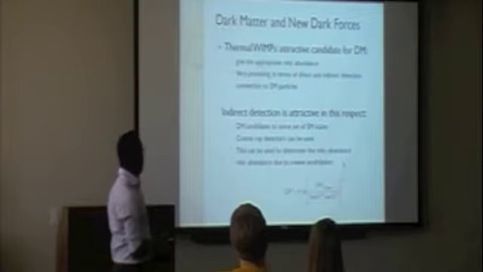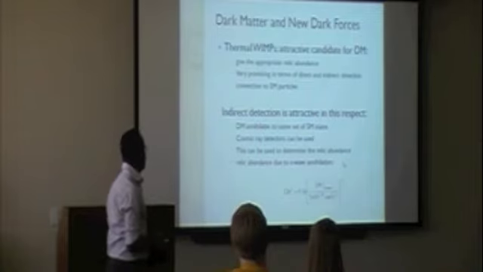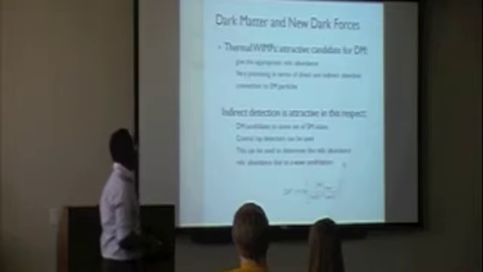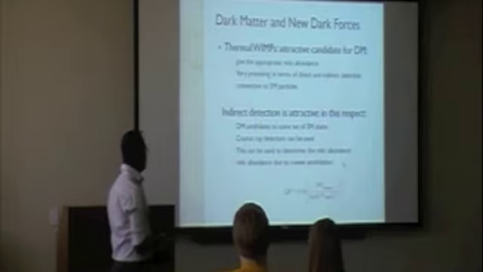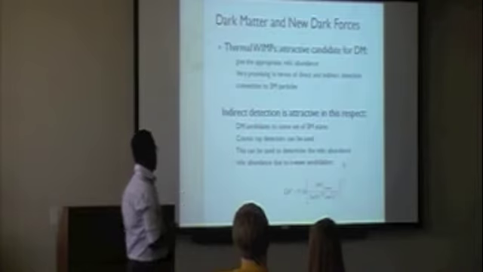As I explained in the previous slide, if the dark matter annihilates to some standard model particle states, cosmic ray detectors can detect them. Then it has some connection to the relic abundance, and according to this data, we can find the relic abundance using this equation.